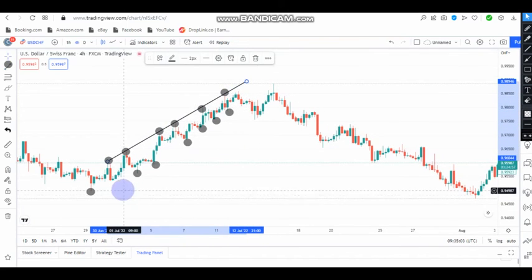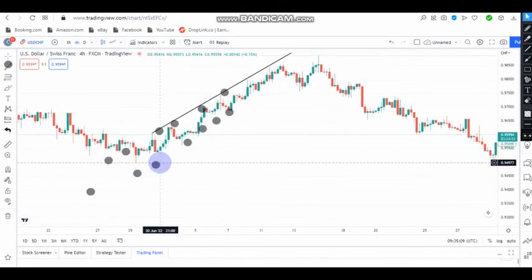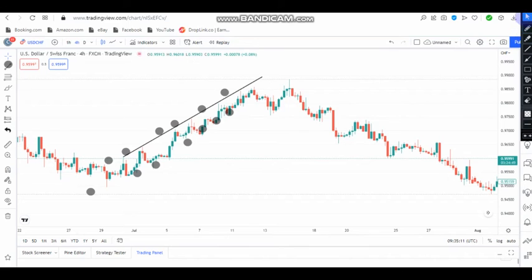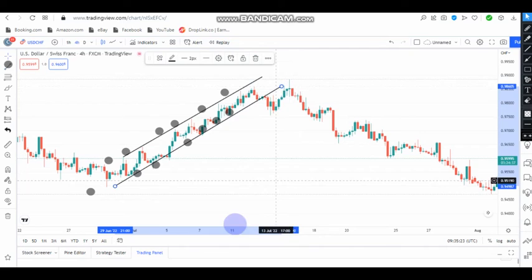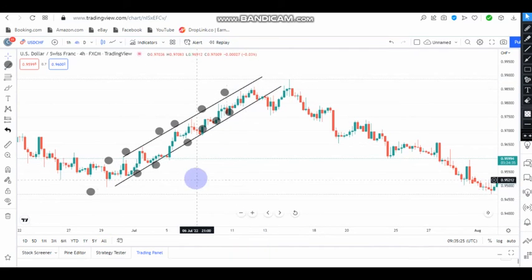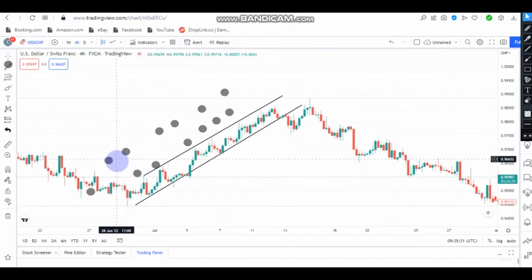You see, you take your trend lines again, guys. Let me wipe them now. You see, so that's an uptrend when the price is going up, forming higher highs and higher lows.